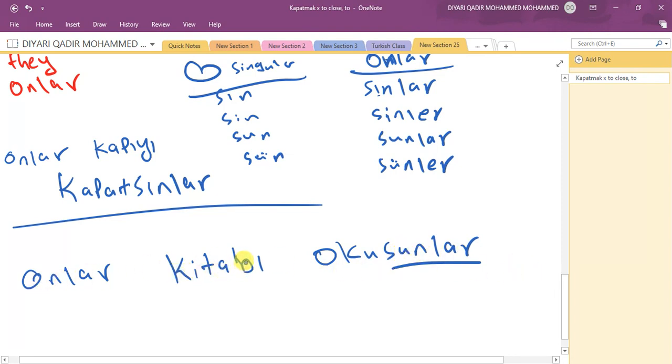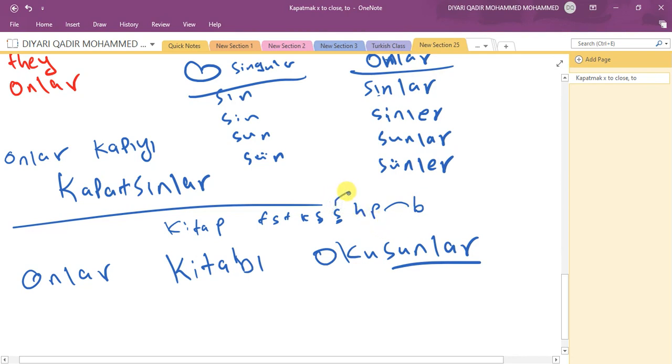Why did I use B instead of P while the word is kitap? Do you remember? The reason is this P is among the soft consonants: f, s, t, k, ç, ş, h, p. Because p is one of them, this p changes to b.